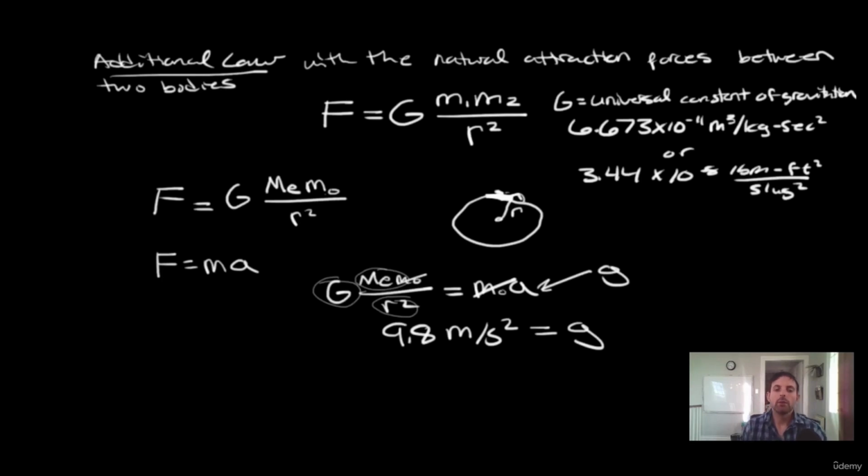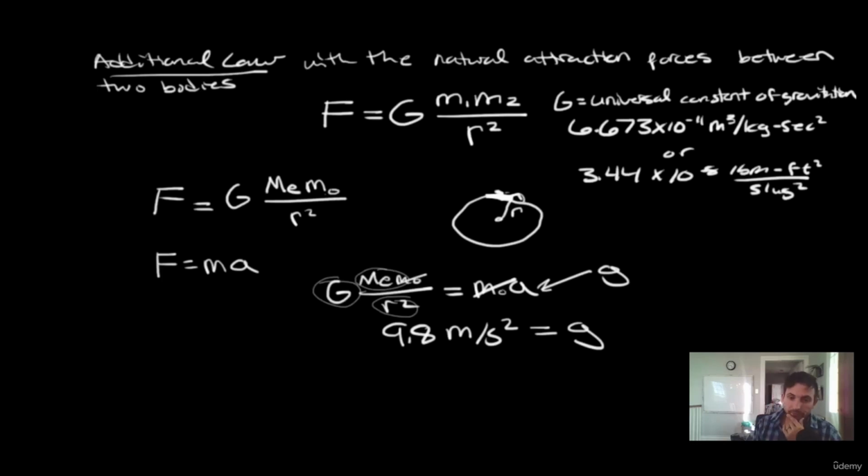I apologize that I forgot to write the constants down for the radius and the mass of the Earth, but take my word for it. If you solve for acceleration, which is your gravity, you will come up with 9.8 meters per second squared. And that's where we come up with the gravitational constant that we use on the surface of the Earth.